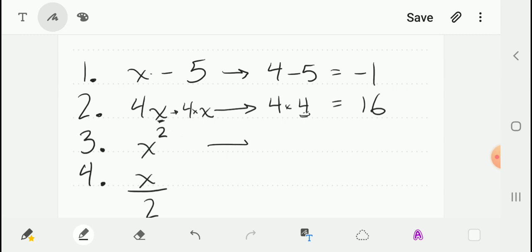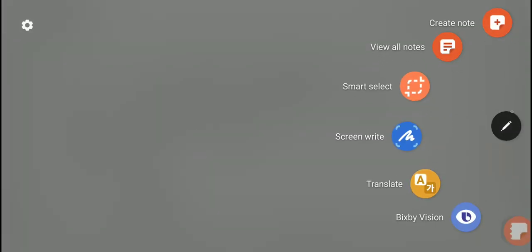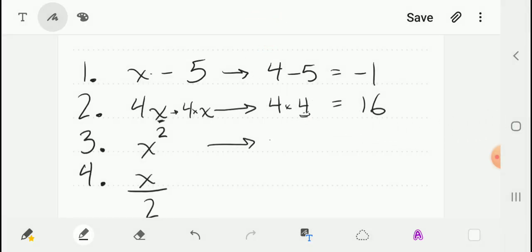X squared is x times x, right? So we're just going to replace those x's with 4, and it's going to be 4 times 4, which works out again to be 16.